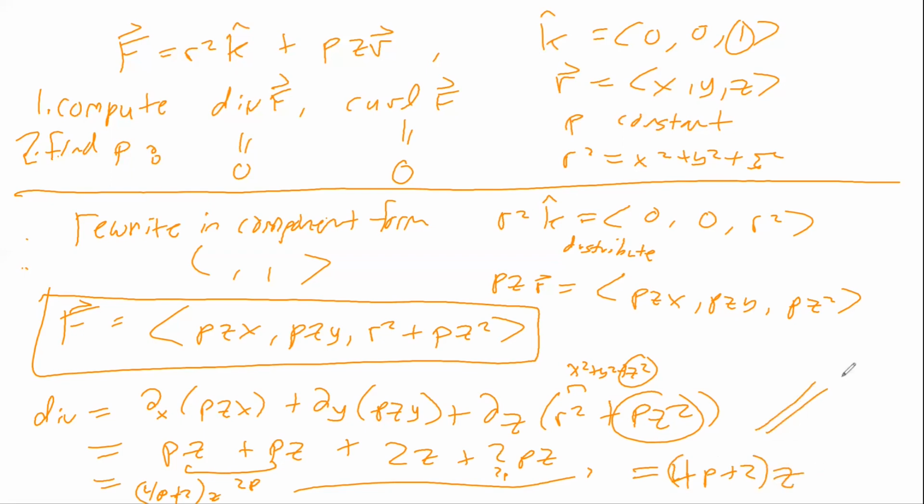So this is equal to 0 if p is negative 1/2.